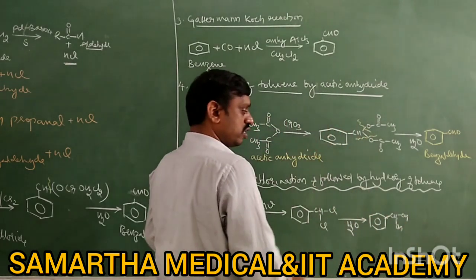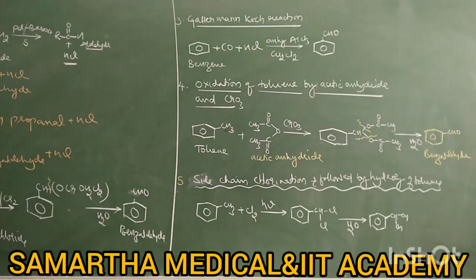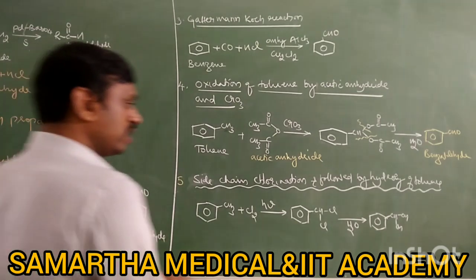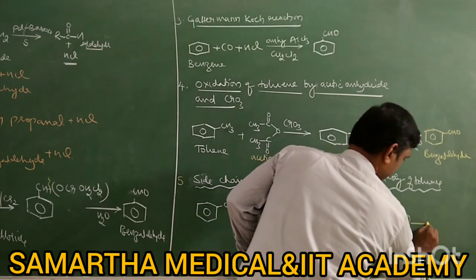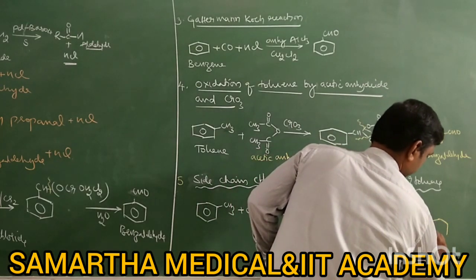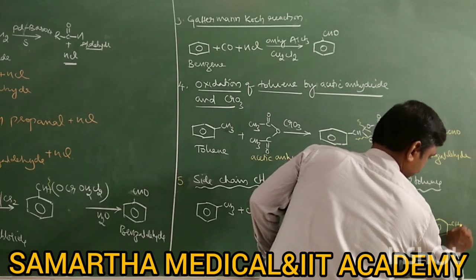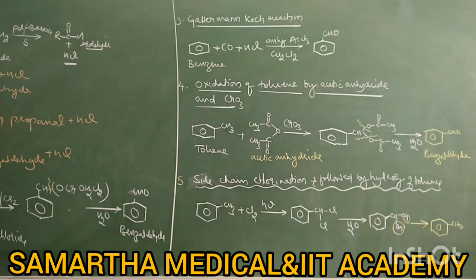But we also know that when 2 OH groups are present on the same carbon, it is highly unstable. Therefore, immediately water is eliminated. When water is eliminated, OH and H, the product formed is benzaldehyde. So side chain chlorination followed by hydrolysis also gives benzaldehyde.